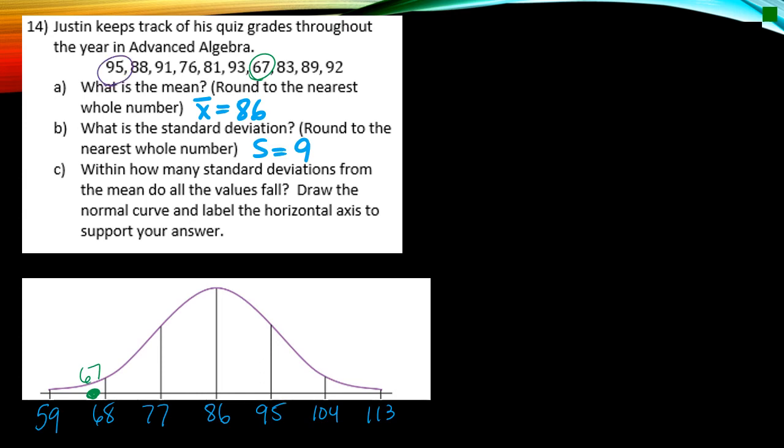And 95 falls exactly on one of the lines there. So now I need to see, I'm going to take the answer of the one that's farther away. So this one is exactly 1 standard deviation away. This one is 3 standard deviations away, so my answer would be 3 standard deviations for part C.